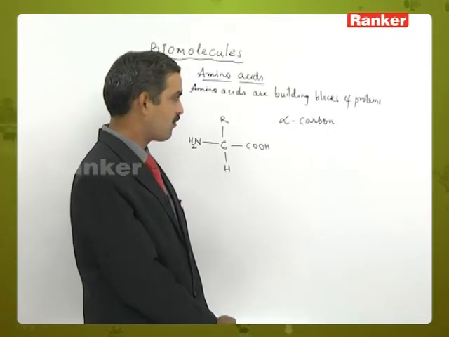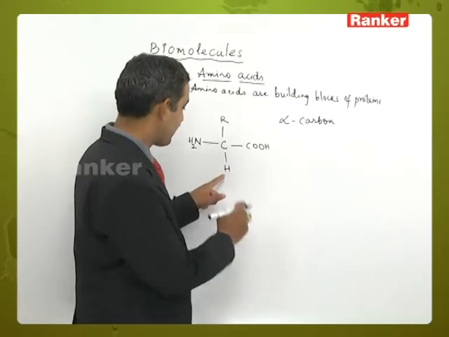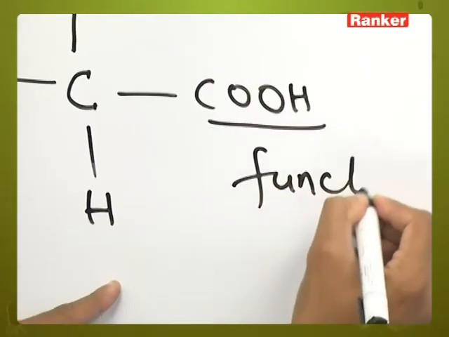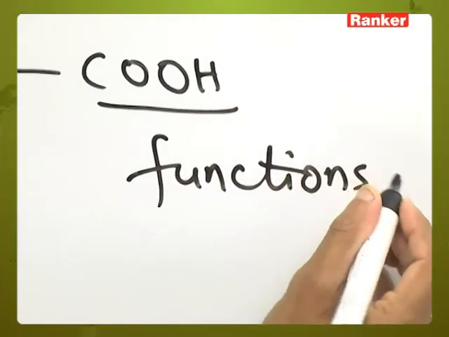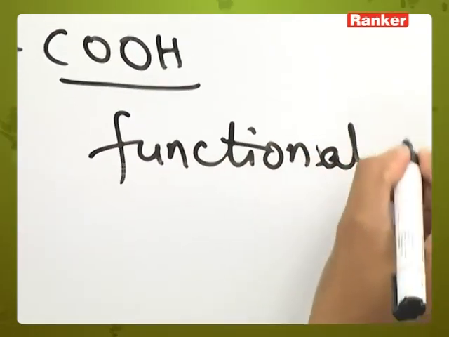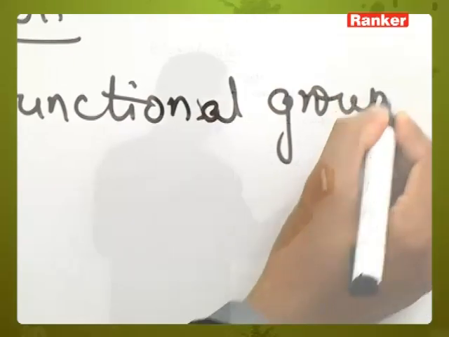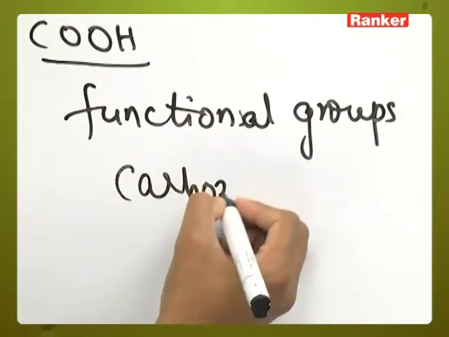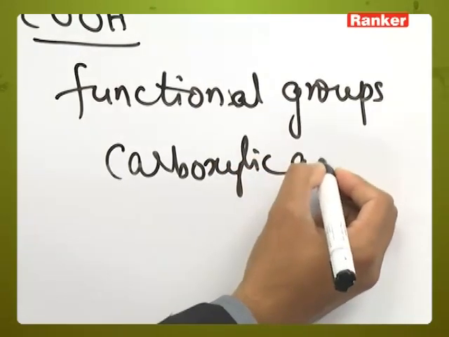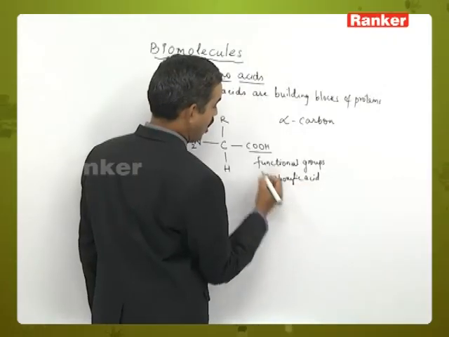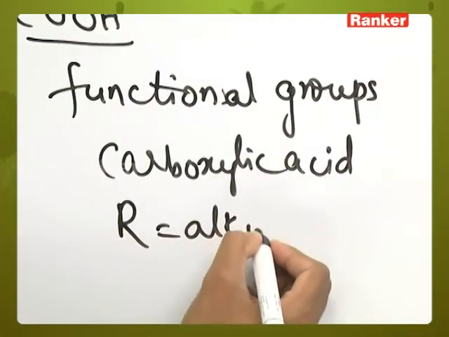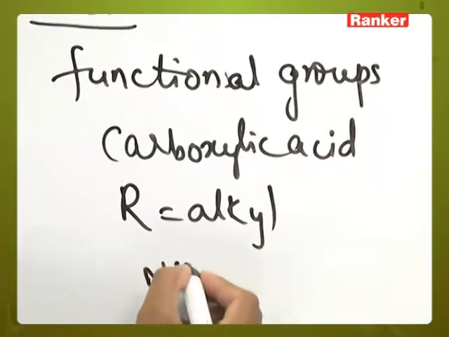That's why we call it alpha carbon. On that we can see one hydrogen. So the total number of functional groups present here is 3: one is carboxylic acid, alkyl group, R means alkyl group, and NH2, that is amide group.